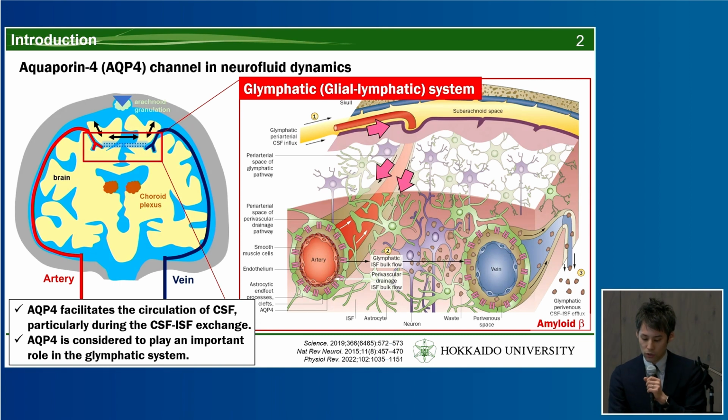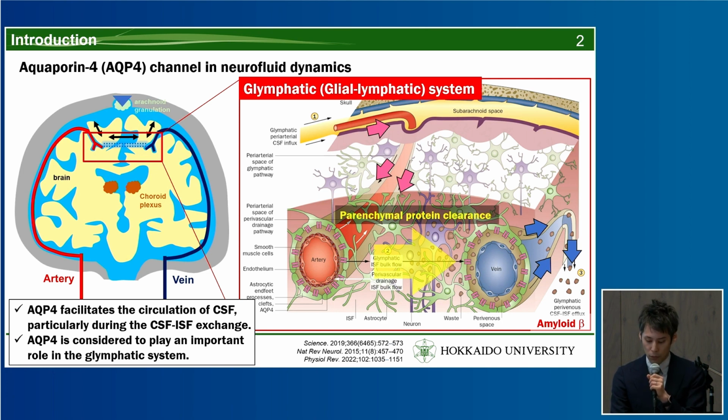Here, it circulates through the brain parenchyma and eventually leaves the brain through the space in the veins. This circulation of neural fluid is considered to contribute to the movement of substances within the brain, and it also helps in the removal of waste from the brain to the extracranial space.